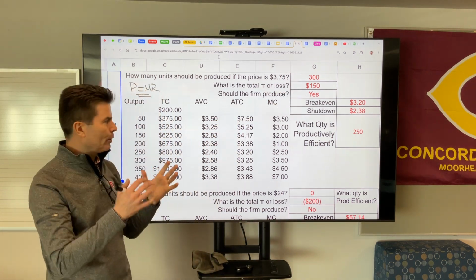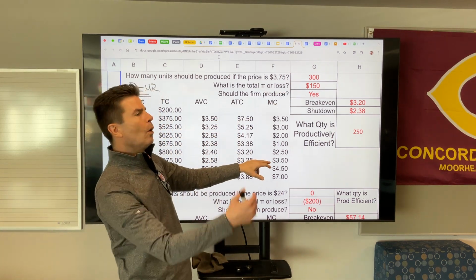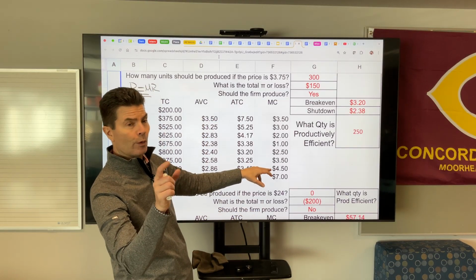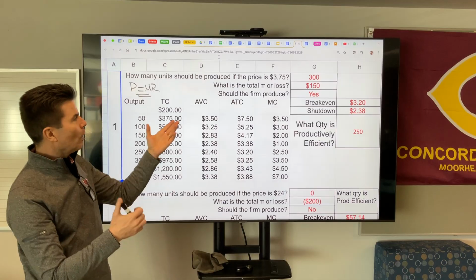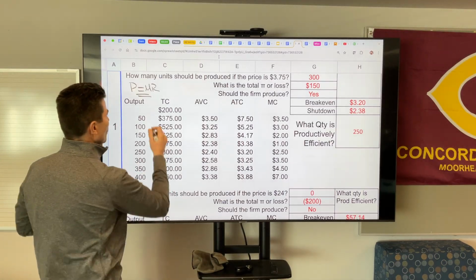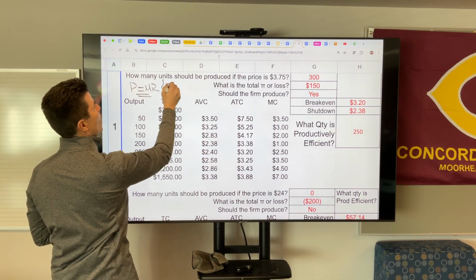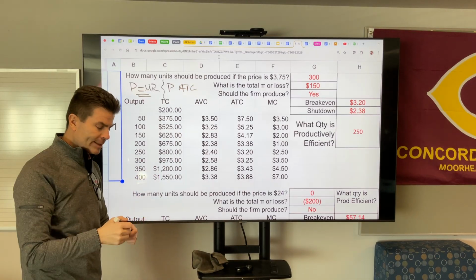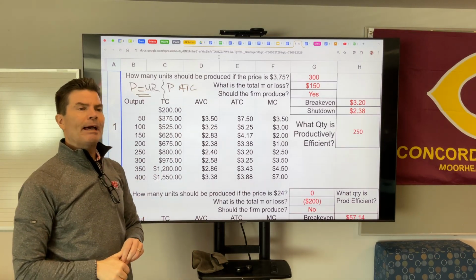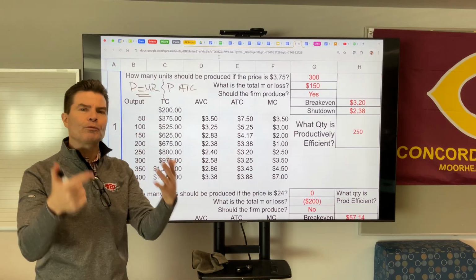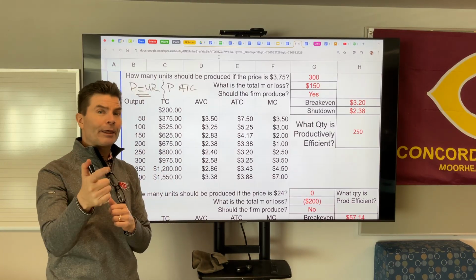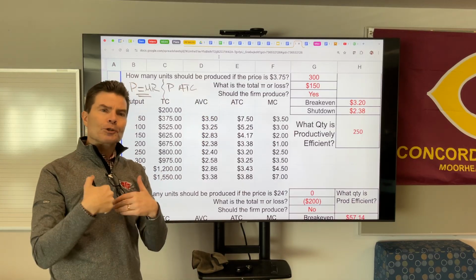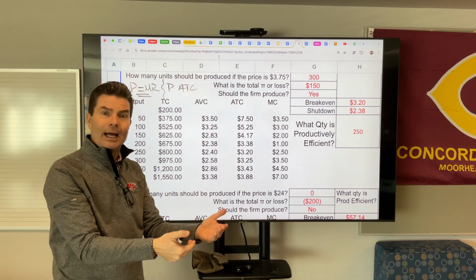Again, we go to MR equals MC, or you go down to where marginal cost is more than marginal revenue by the very first showing of that, and you go back up 1. What's the profit or loss? Remember that profit or loss is all about the relationship between price and ATC. If price is more than ATC, that means profit, because remember, price is your average revenue. If I sell one thing for $3.75, the average revenue I'm getting for that is $3.75.